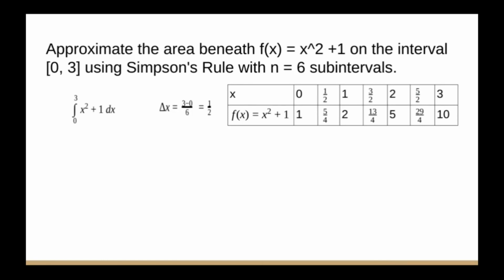The answers are 1, 5 over 4, 2, 13 over 4, 5, 29 over 4, and 10. Then we substitute these into the formula.